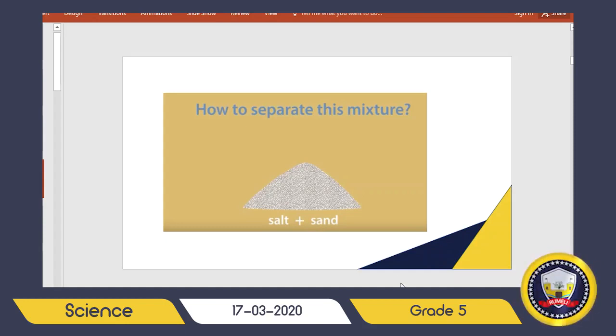Try to remember each of these techniques that we discussed. You can use more than one technique, by the way. How are you going to separate this mixture into its ingredients? Because salt and sand both have really small particles. Think a little bit, then please continue the video after your guess.